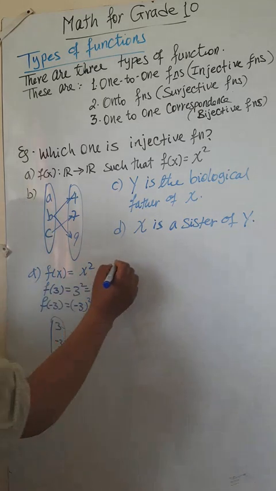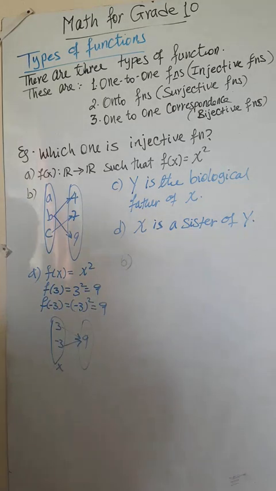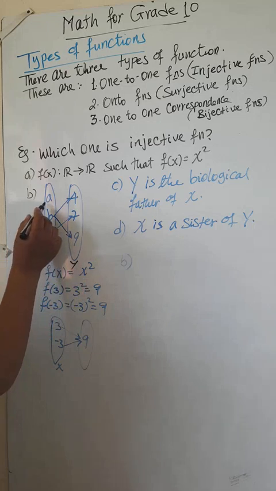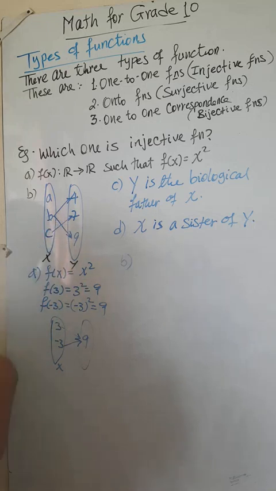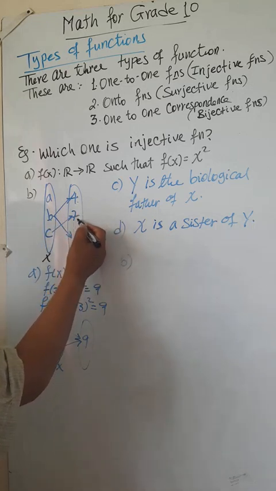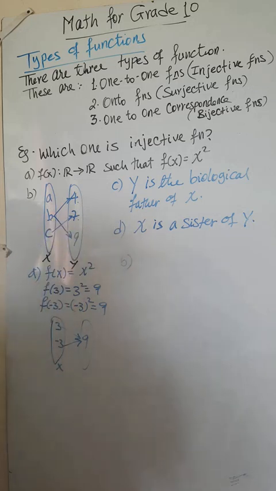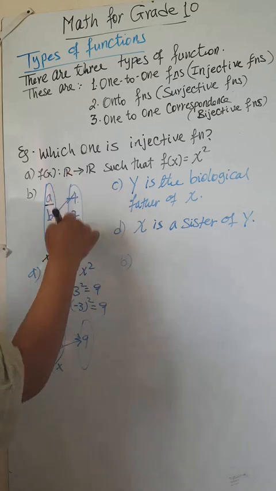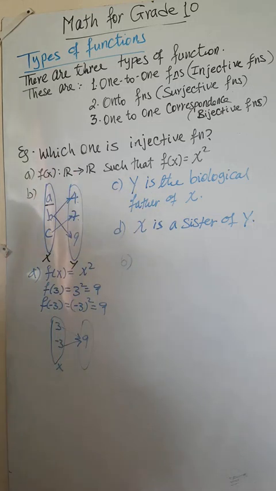Okay, B. Now here we have element A. A, B, C. In the codomain part we do have 4, 7, 9. But as we can see here, A has no image in the codomain.